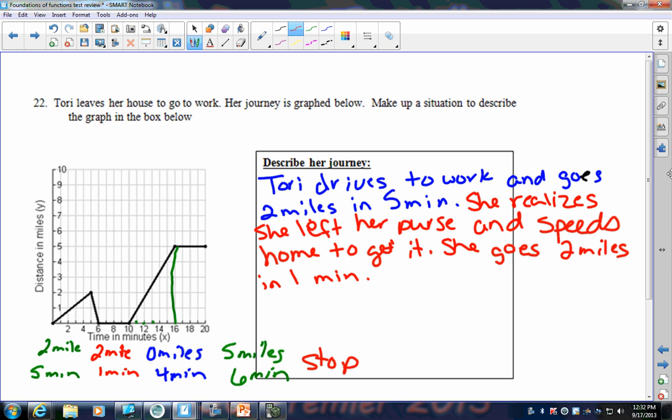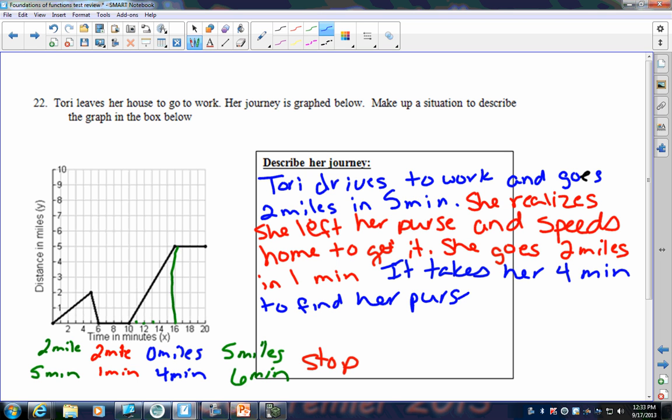Okay, so then it takes her 4 minutes to find her purse. Holy moly, I can't even. All right. It takes her 4 minutes to find her purse. Then that next section, she drives 5 miles in 6 minutes.